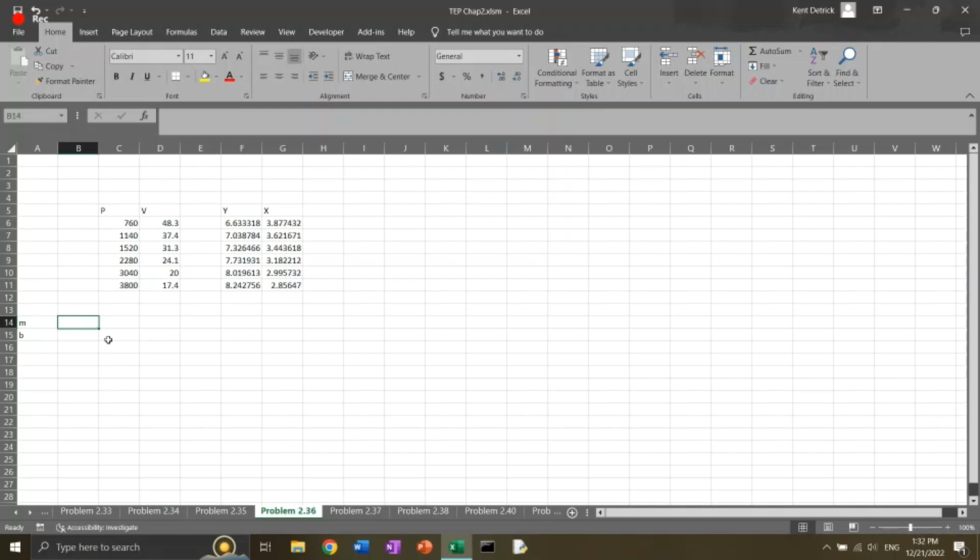In Appendix A.1, the method of least squares, for a linear least squares regression, the slope and the intercept are defined and can be solved with a mathematical formula based on the data that you have. And so we could use that formula to solve this.